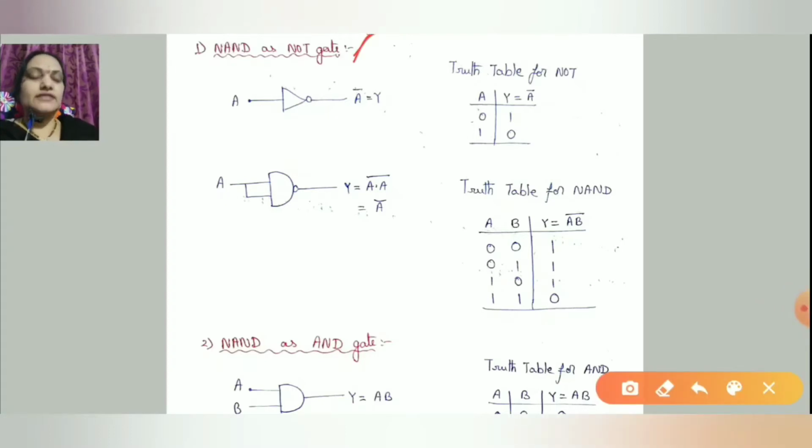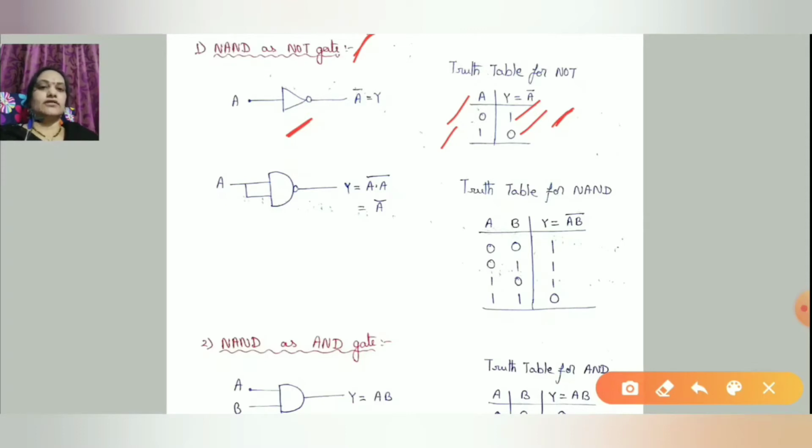In this chart you can find the NOT gate and its truth table. This NOT gate is also called an inverter. Why? Because if you give 0 as input, then you will get 1 as output. And if you give 1 as input, you will get 0 as output. That is why it is called an inverter.